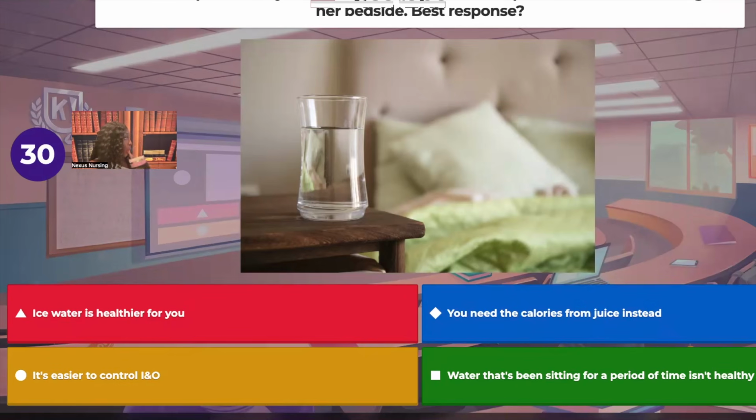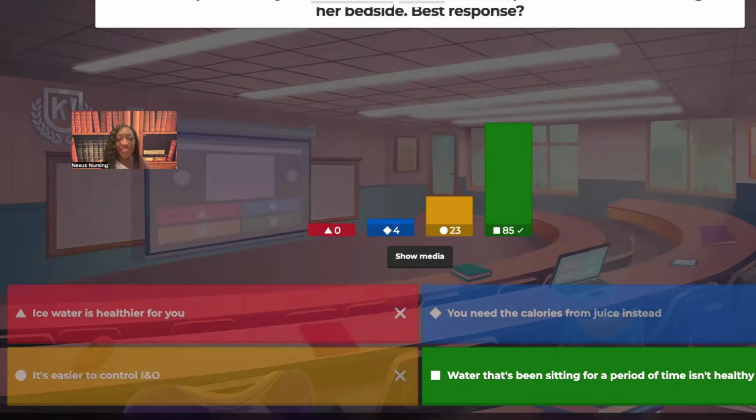What's the correct answer? Very good. Almost everyone got this correct. Water that's been sitting for a period of time isn't healthy.